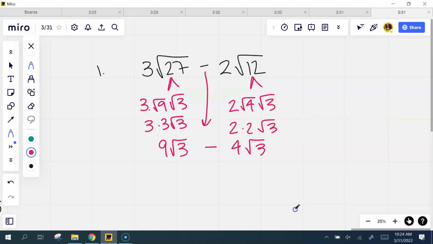Now what do you notice? Now you can do it, because now the root and the number under the radical are exactly the same. So what is 9 root 3 minus 4 root 3? 5 square root of 3. Does that make sense? See what we did? That's the extent of adding and subtracting. Let's look at number 2.